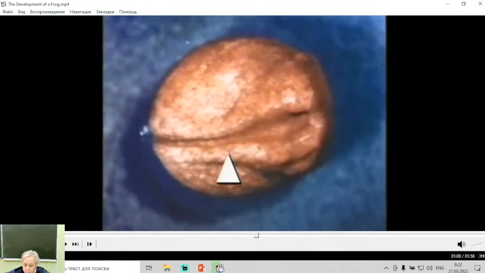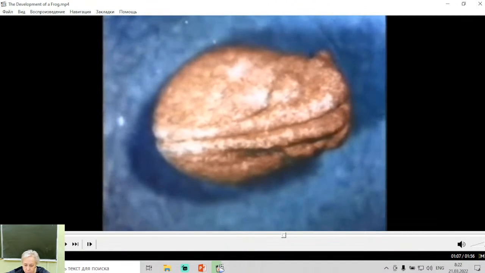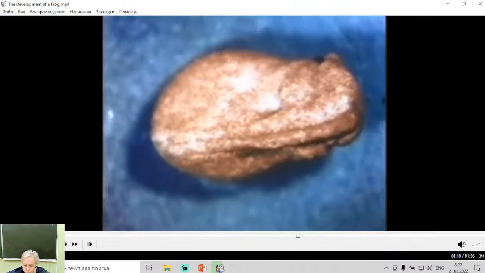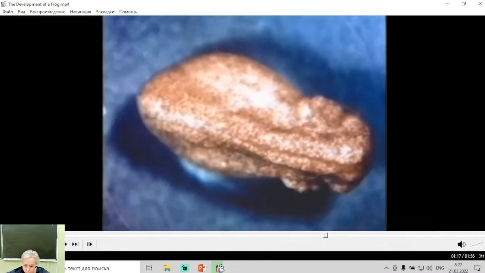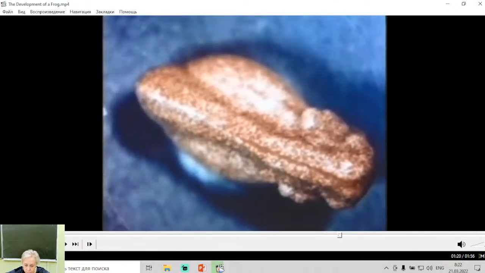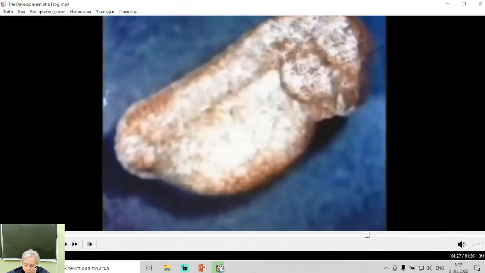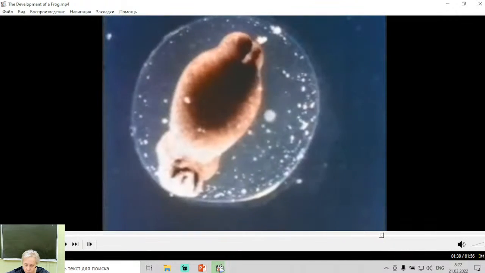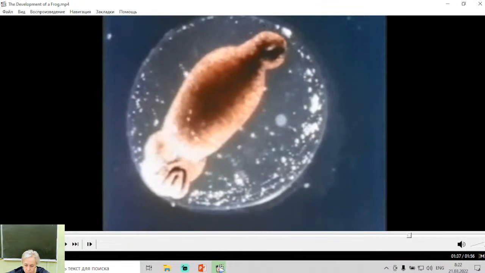And Neural folds develop and fuse to form the spinal cord and brain. Eventually, the embryos hatch as free-swimming tadpoles, or larvae.